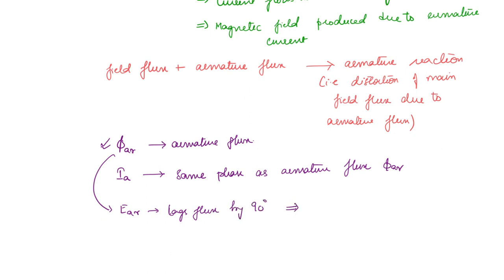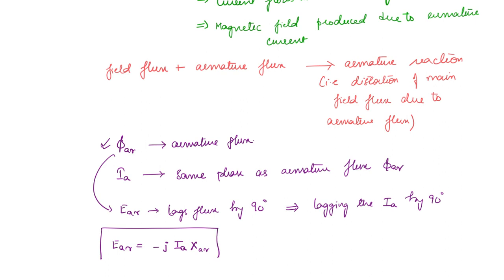This means that it is also lagging the armature current by 90 degrees, so you have a leading current here. So you can write EAR is equal to minus j times the armature current into some reactance. This reactance we represent as XAR. This is how you model the armature reaction.